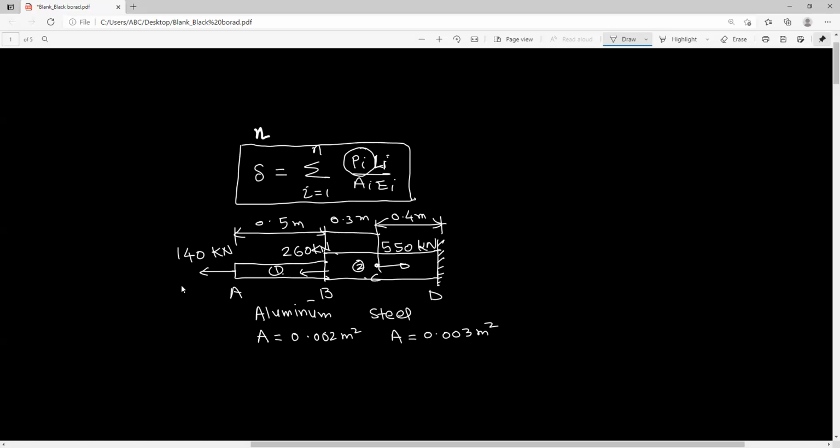Here we have to look at the position of the loadings. There are 3 different locations where loading is acting. That means we are required to cut the section for 3 different parts, calculate the deflection due to those 3 different parts, and then later add them. So don't get confused with the number of parts.